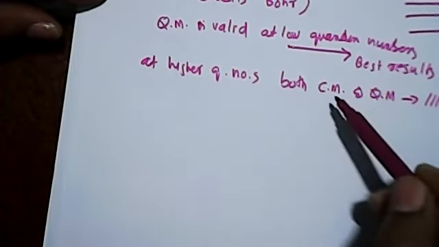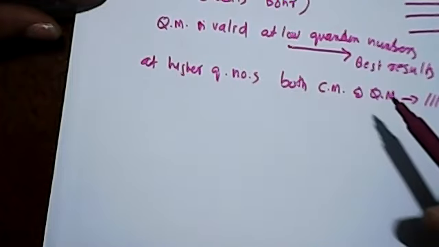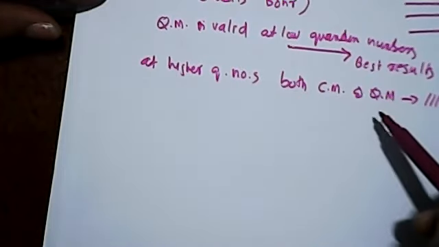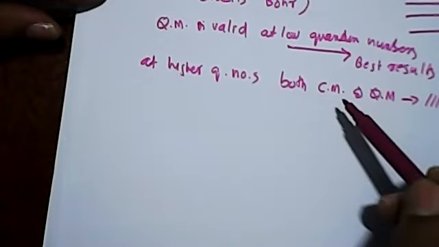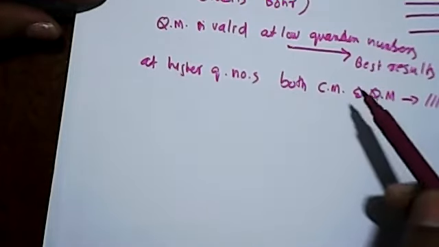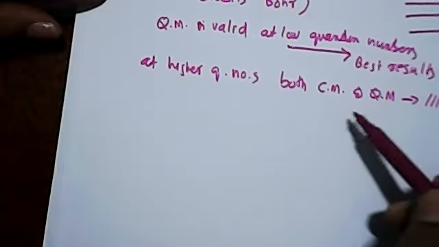But at lower quantum numbers, only quantum mechanics gives the best results. So at a higher value of quantum numbers, both are valid. Classical mechanics is also valid, quantum mechanics is also valid. Both give similar results. That is the idea of the correspondence principle.